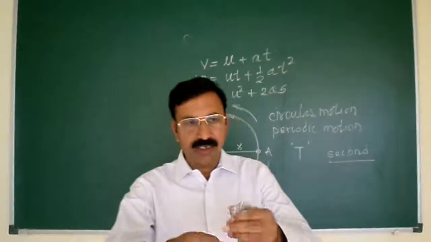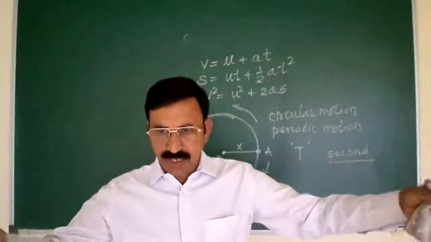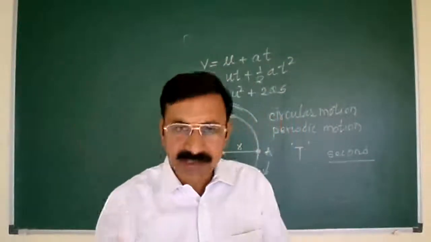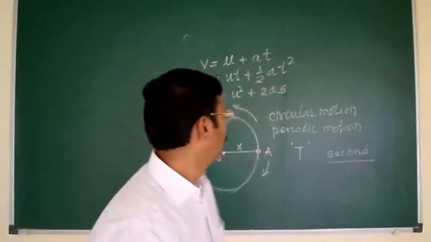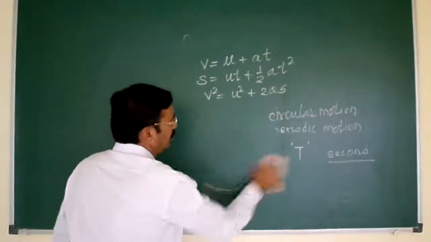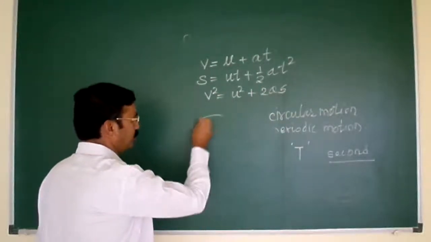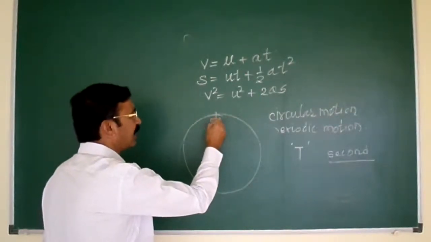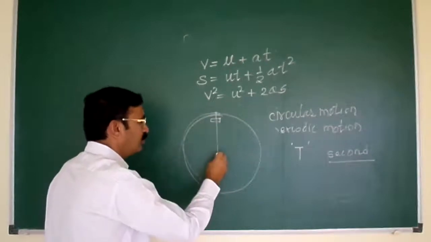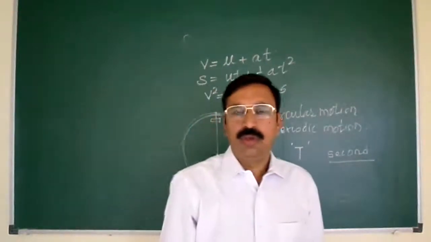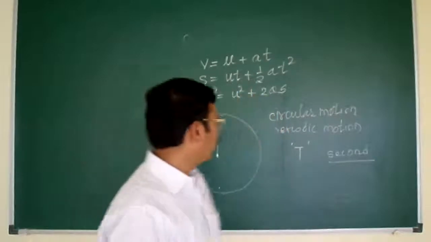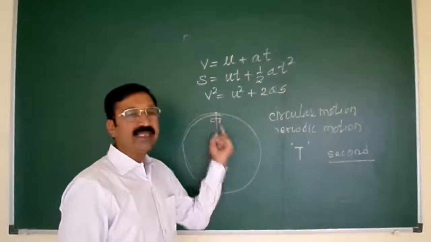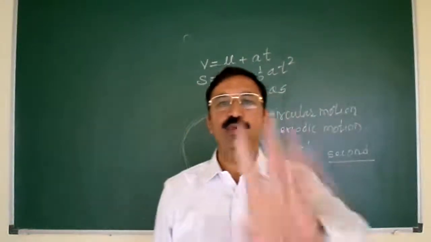If we tie a small object or a stone to a string and whirl it around our head, then when it moves, it is a circular motion. As we see in the merry-go-round or a giant wheel, the cradles which are attached to this circular rim perform circular motion when it starts moving.